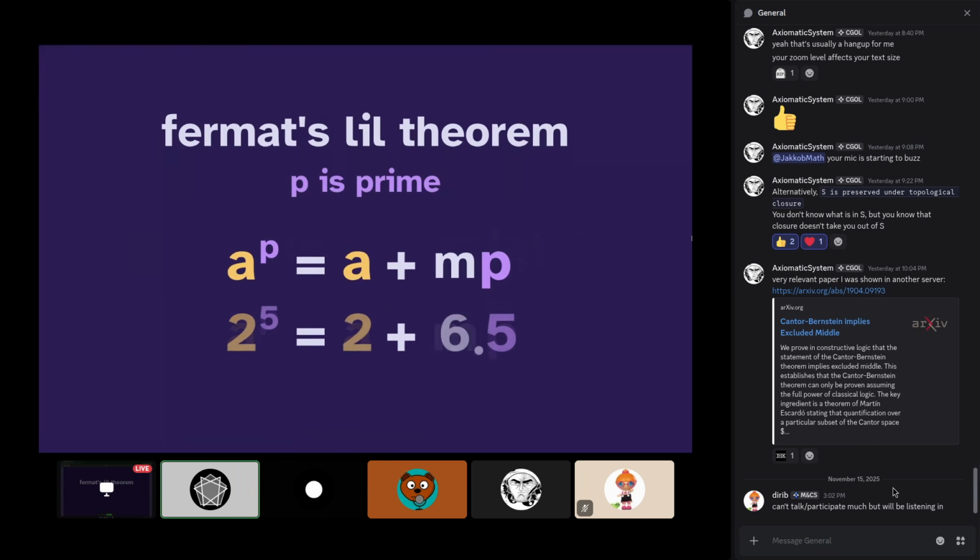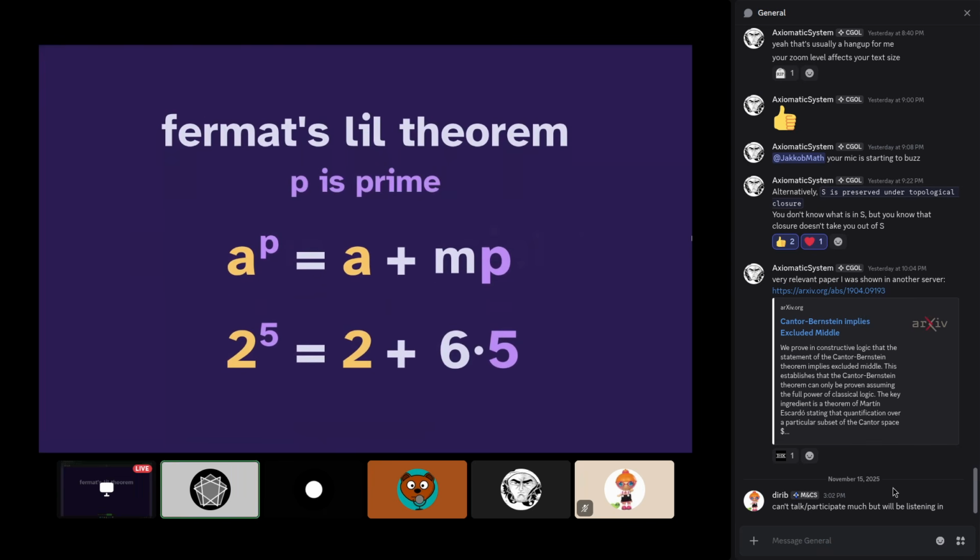So for an example of this, 2 to the 5, which is 32, is 2 plus a multiple of 5. Another example, 4 cubed is 4 plus a multiple of 3. So this will hold for any integer and a prime.